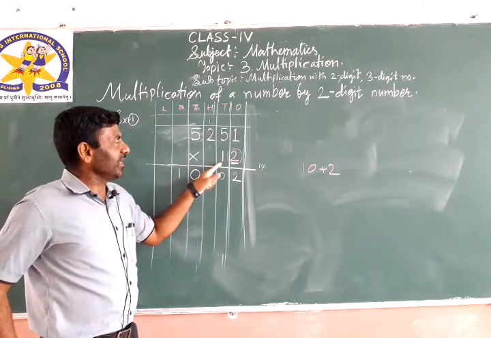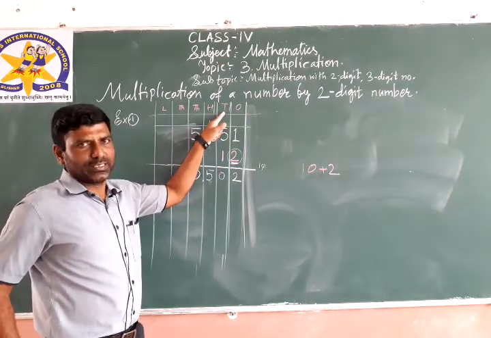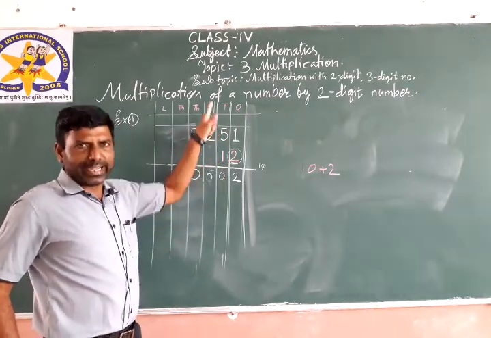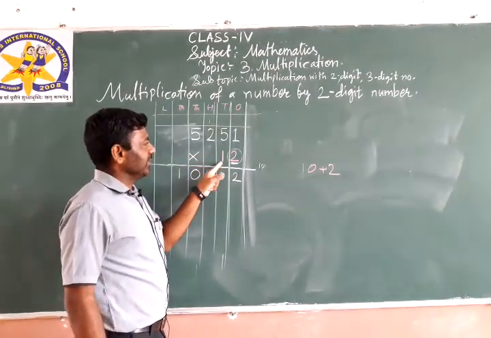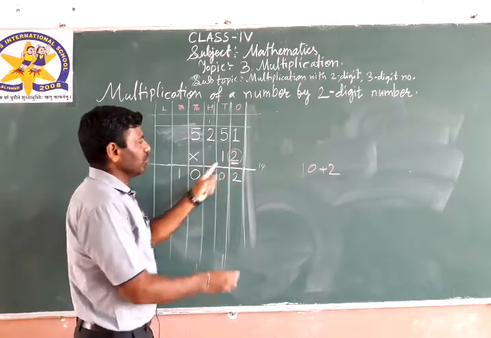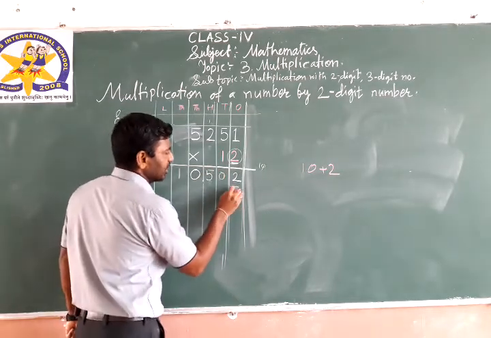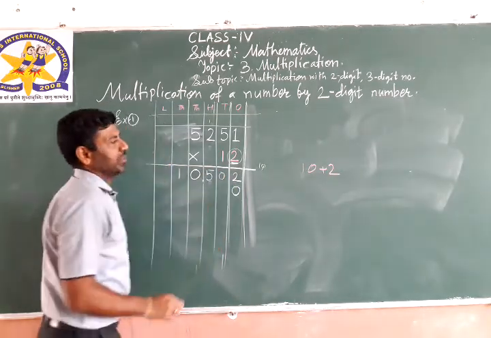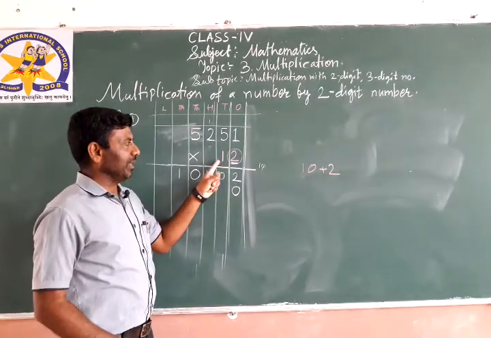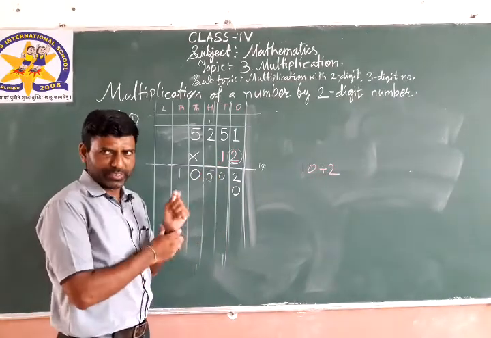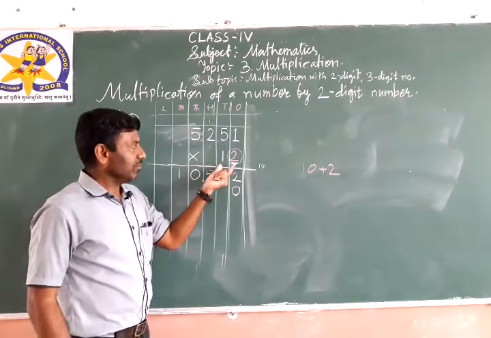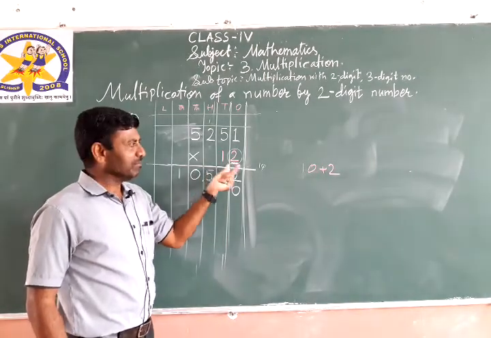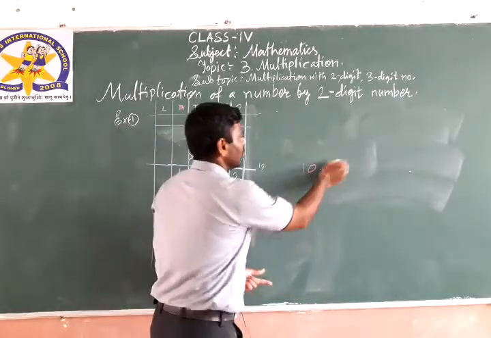Now with ones place multiplication over, now we will have to multiply with 1. This 1 is in tens place. That's why before multiplying with the 1, we will have to put 0 here, because we are multiplying. Putting 0 here means we are multiplying by 10. Understand? What I said, 12 means what? 10 plus 2, 12.